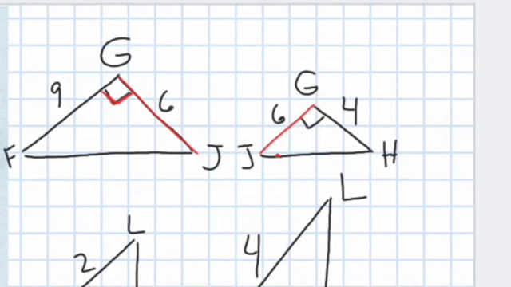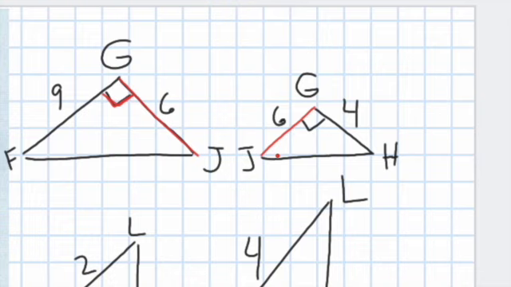All right. So what can we do? Well, we know we have an angle that they share over here and an angle that it shares over here. So there's one thing we have. I wonder if this is proportional right here, if FG is proportional to GJ and GJ is proportional to GH, then I can use side-angle-side similarity.